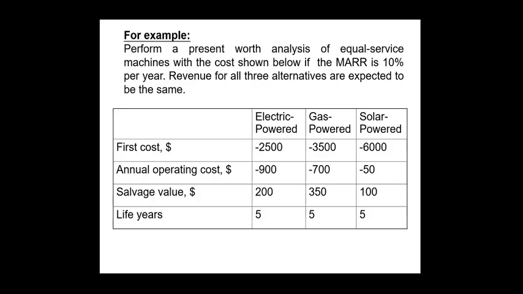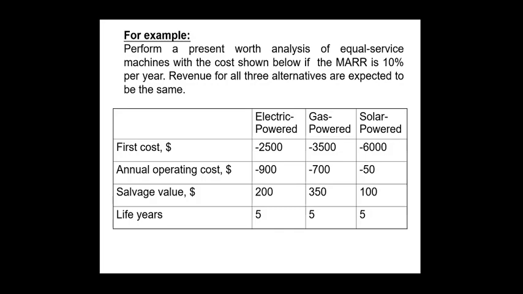And then we subtract the salvage value. We use the single payment present worth factor. Minus 200 divided by (1 plus 0.1) to the power 5. Okay, that is the present worth of cost for the first alternative.